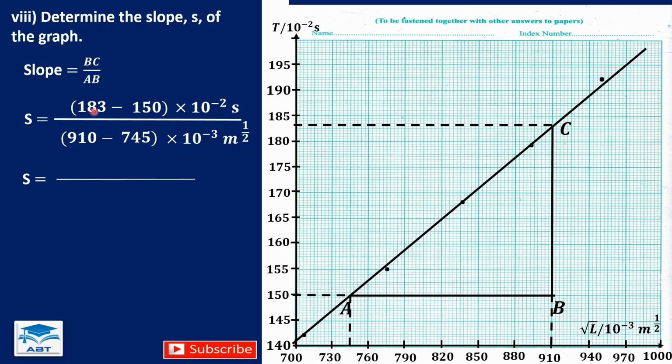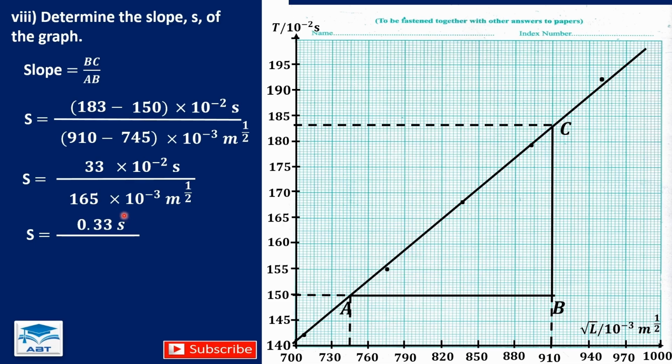So 183 minus 150 is 33 times 10 exponent negative 2, and the unit is seconds. 910 minus 745 is 165 times 10 exponent negative 3, unit meters exponent half. And 33 times 10 exponent negative 2 is 0.33.